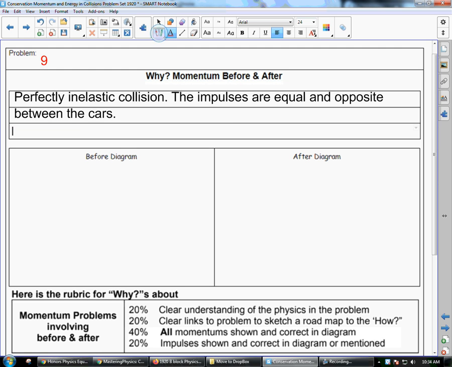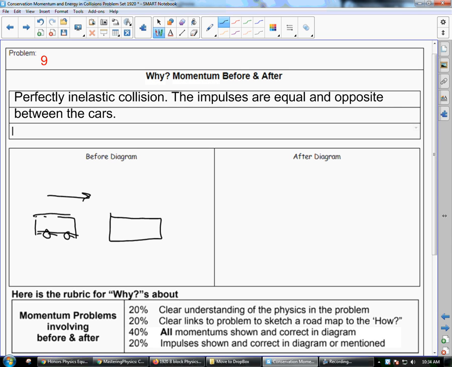Now, let's draw. I've got the first car and the second car. Momentum 2 before, momentum 1 before.